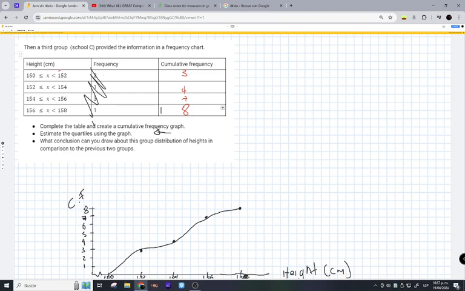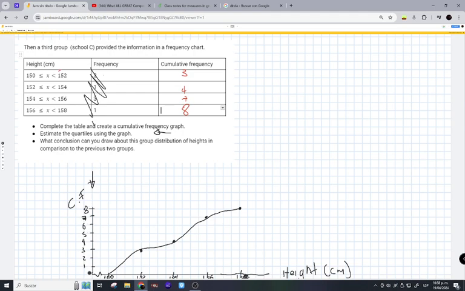If you want to quickly estimate the quartiles, we are going to focus on the axis of the cumulative frequency. The most common mistake is doing it from the other axis when it's the opposite. So 8 is the total amount of people. We are going to begin with Q2, which is the median, exactly in the half of the group.